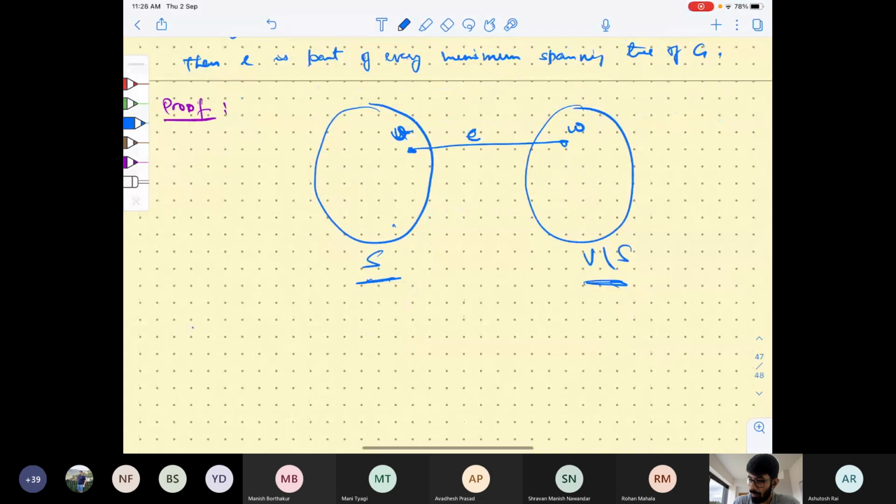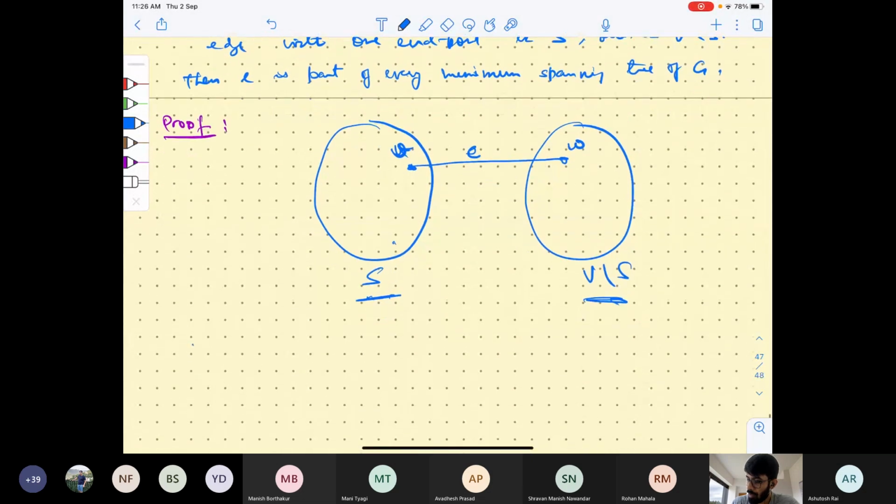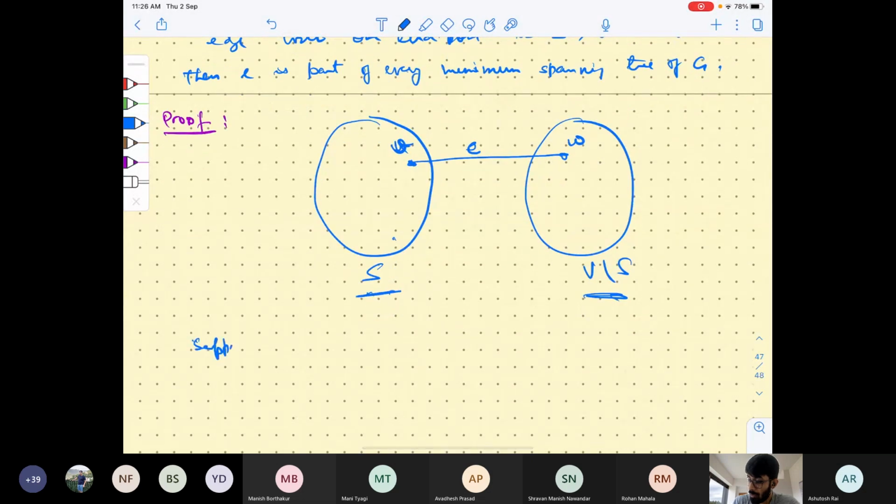Suppose e does not belong to the minimum spanning tree T, where T is a minimum spanning tree of G. So suppose e does not belong.